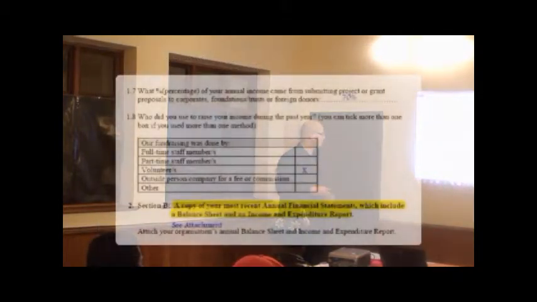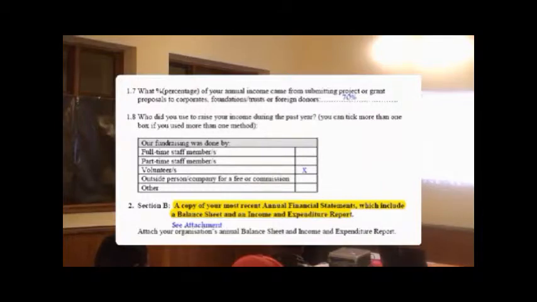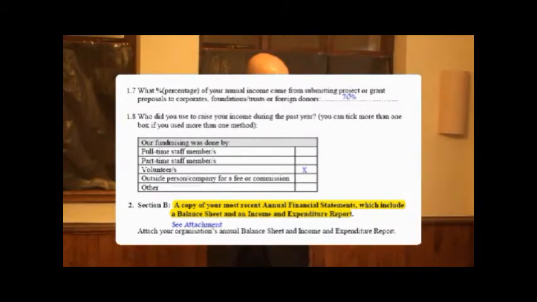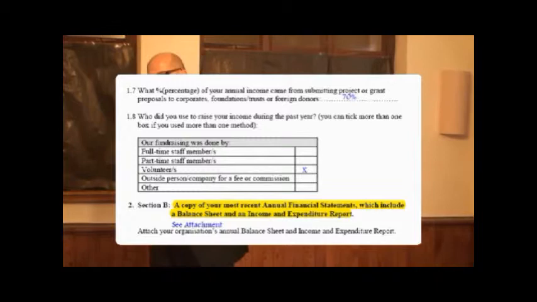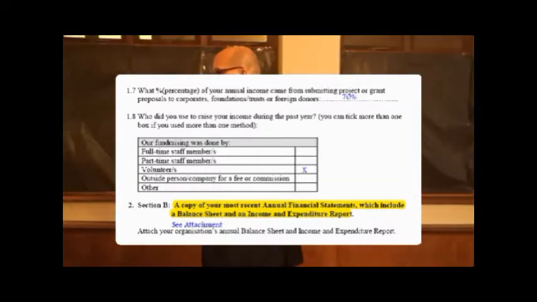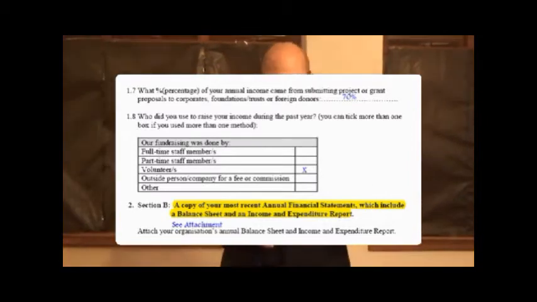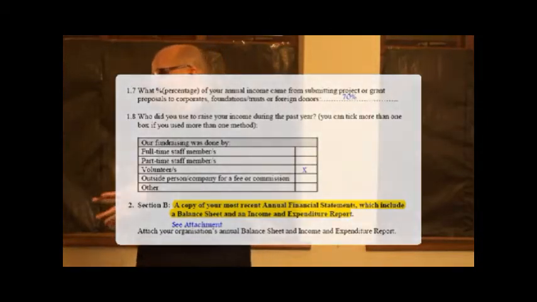Then it says a copy of the most recent financial statements, which include a balance sheet and an income and expenditure report, must be attached to the report. So that's basically the report from the accounting officer or from the auditor. Once that's been submitted together with this report, then the organization complies.